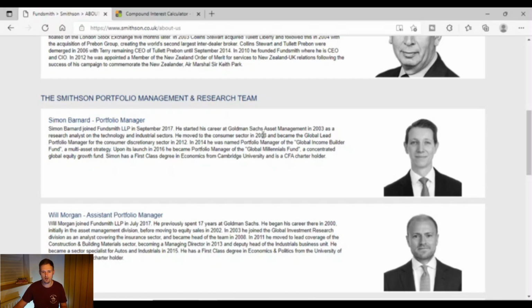He started his career at Goldman Sachs Asset Management in 2003 as a research analyst on technology and industrial sectors. There's a long line, I won't read all of it, of working in the industry. And if this matters to anyone, he has a first-class degree in economics from the University of Cambridge, and is a CFA charterholder.